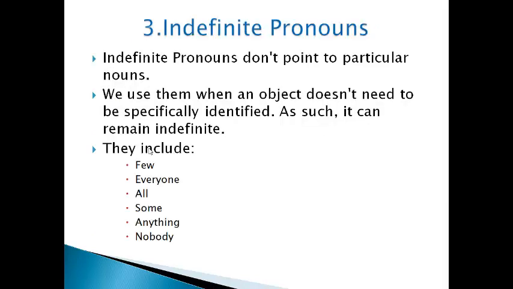Next, indefinite pronouns. Indefinite pronouns do not point to a particular noun, object, or thing. They are generalized, so they are called indefinite pronouns. What are the indefinite pronouns? Few, everyone, all, some, anything, nobody. These are all indefinite pronouns. We are not pointing to any one person or particular thing.